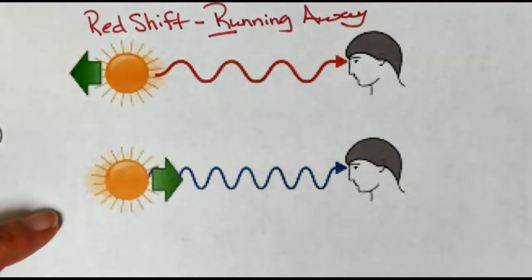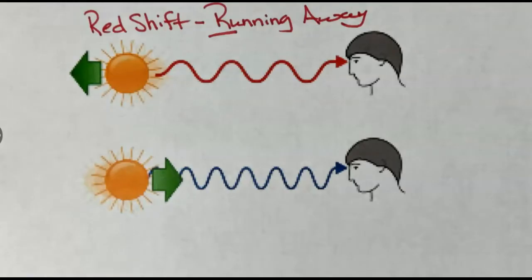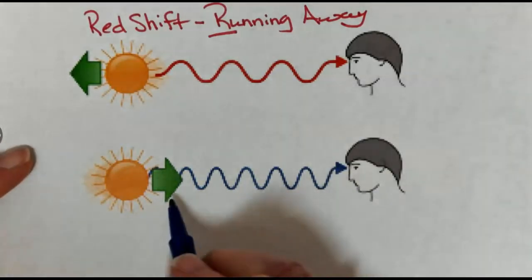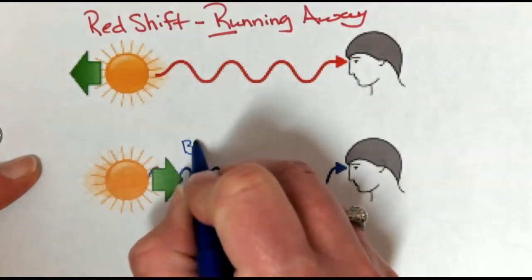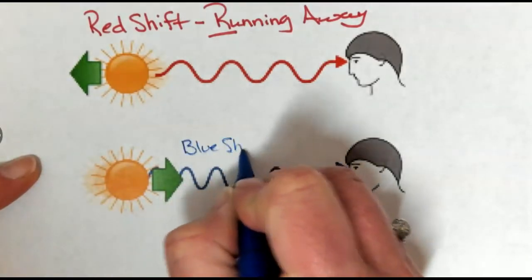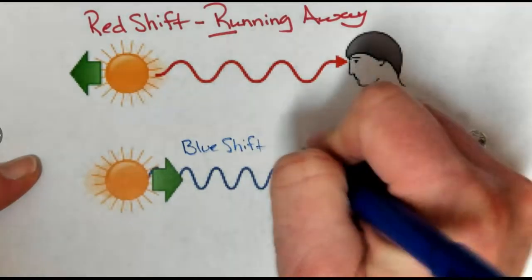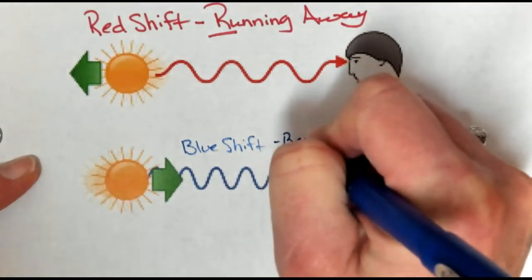Our second one is a smaller wavelength. So now the object is getting closer to Earth. So what we say, this is a blue shift. And the object is becoming closer.